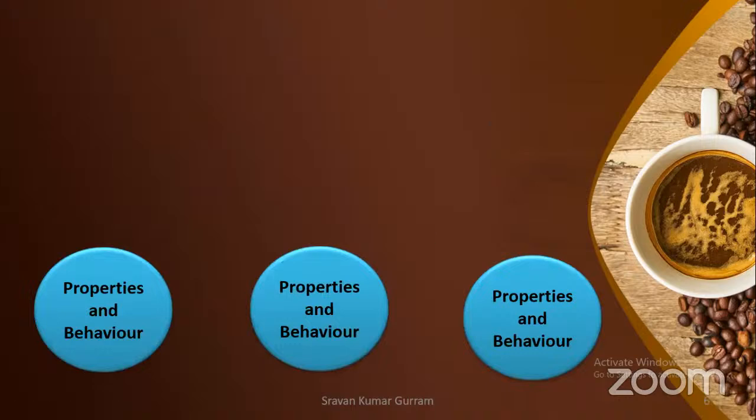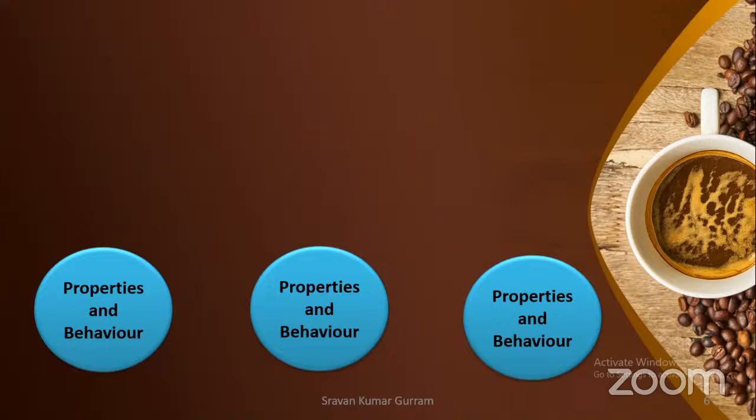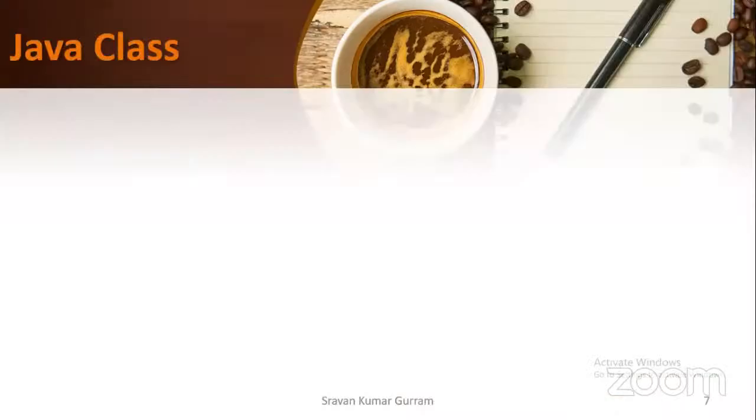What are the properties and behavior? You can use the word behavior or action, those two are valid. So, what are the properties and behavior of the students? If we write them at a single place, that is called a class.